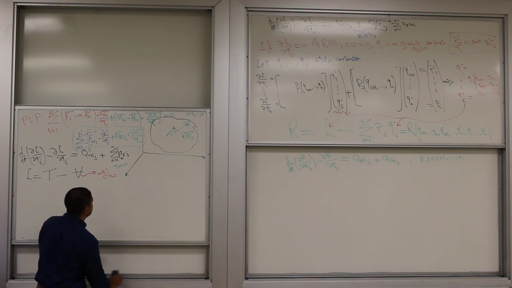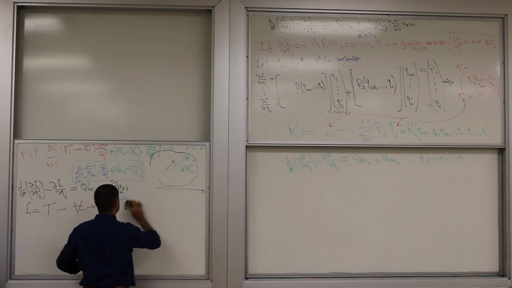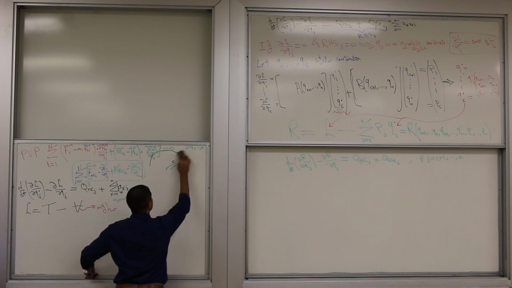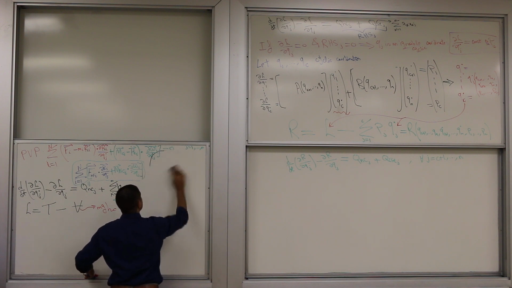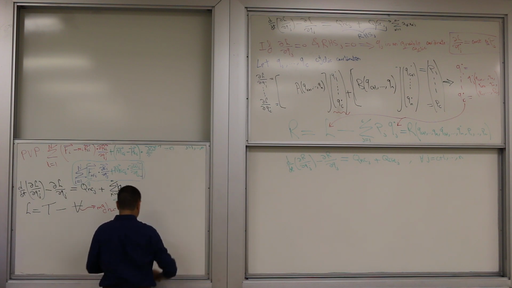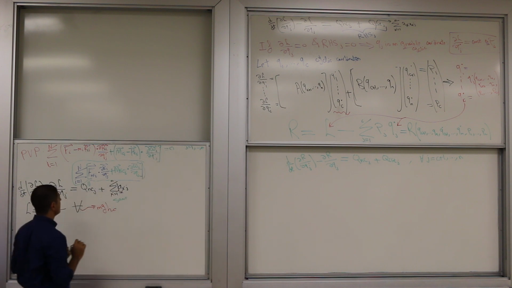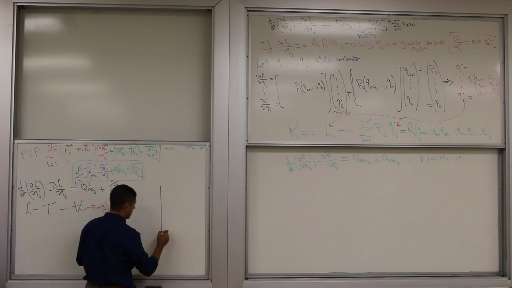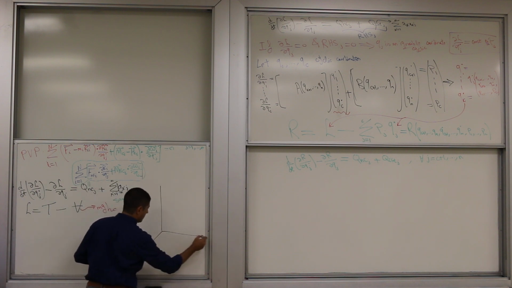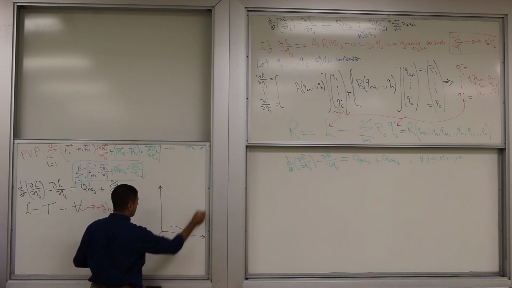So let's just plot this here in a more clear one. This is partial omega I, partial Q, A dot. Okay. And here is your rigid body.